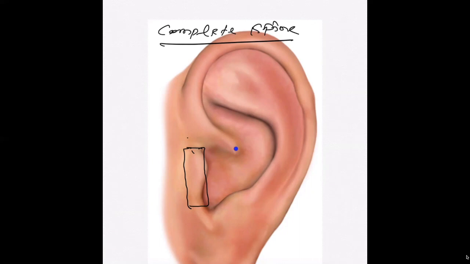In some different phases, this tragus has been considered as a complete spine.